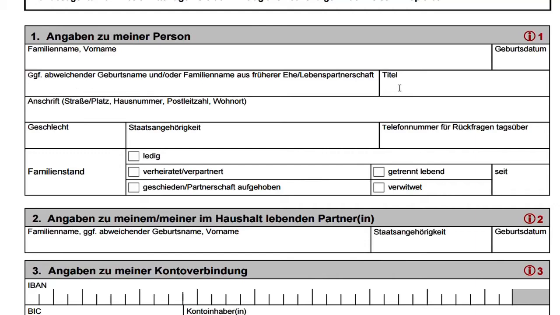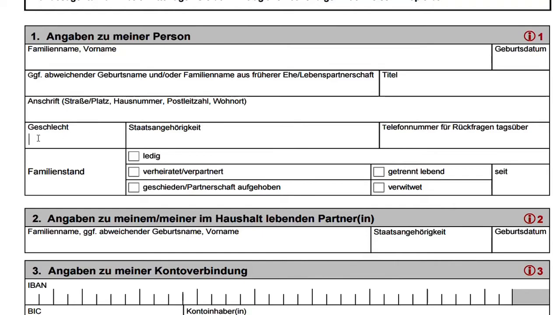You write your title here. For example, if you're a doctor or engineer, you can write it here. You write your address here, including the street name, the house number, the postal code, and the name of the city.